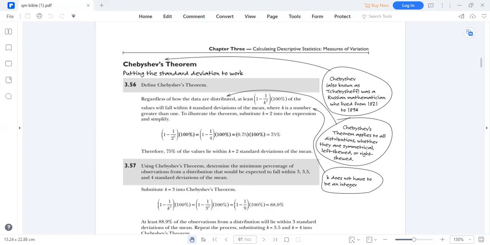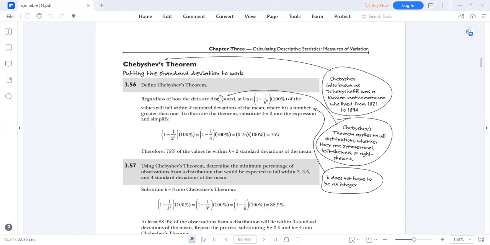So when we're dealing with Chebyshev, we're looking at a theorem that provides how many standard deviations are going to deviate from the mean. We have a formula that we need to abide by, which is being depicted here. What should always come into your mind is the formula 1 minus 1 over k squared in a percentage.